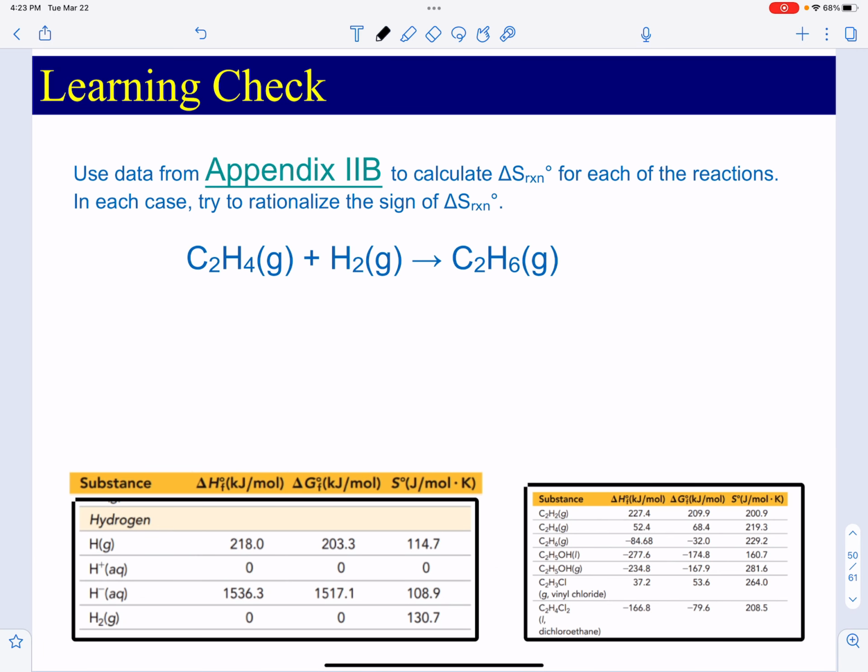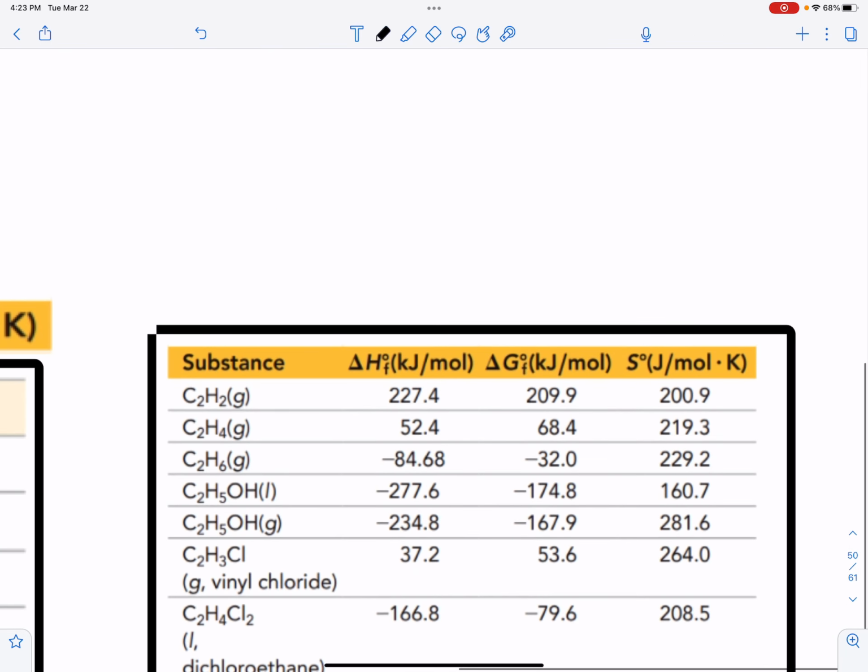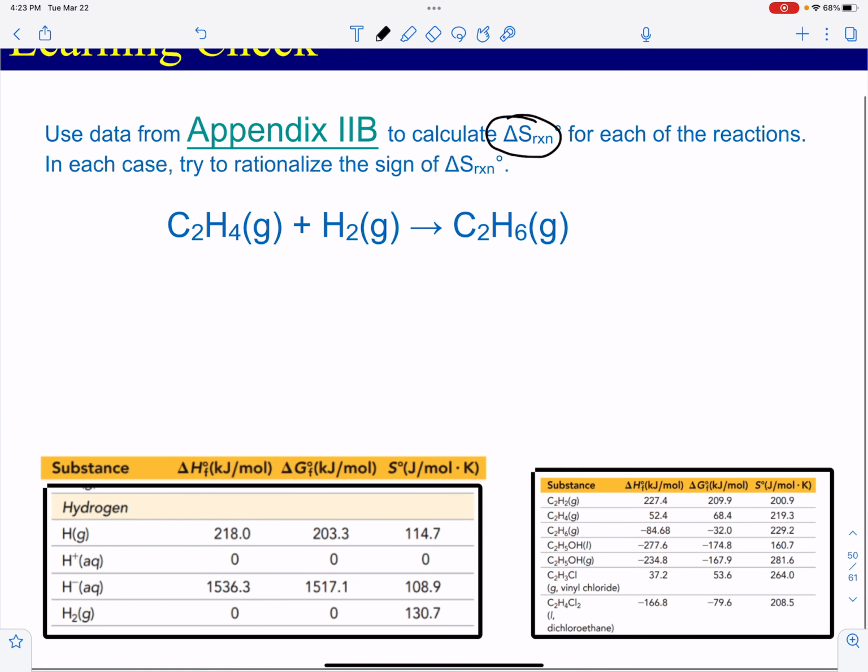So let's do our first problem. Calculate the entropy of the reaction given these values. So how are we going to do this?